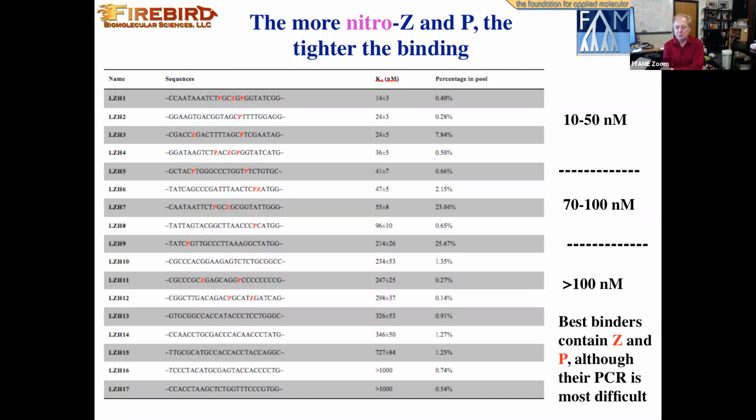And the best binders contain Z and P, even though, by the way, their PCR is still the most difficult. And of course, the worst binders are the ones that contain no Z and P, and they're at the bottom of these. But this is just a set of aptamers that emerged from 6-letter CLEX using polymerases that are able to replicate.